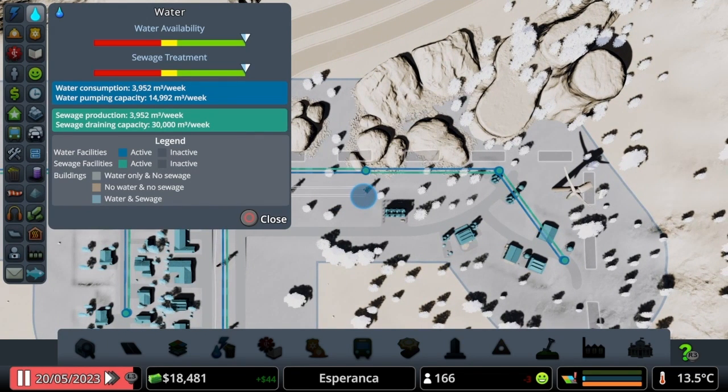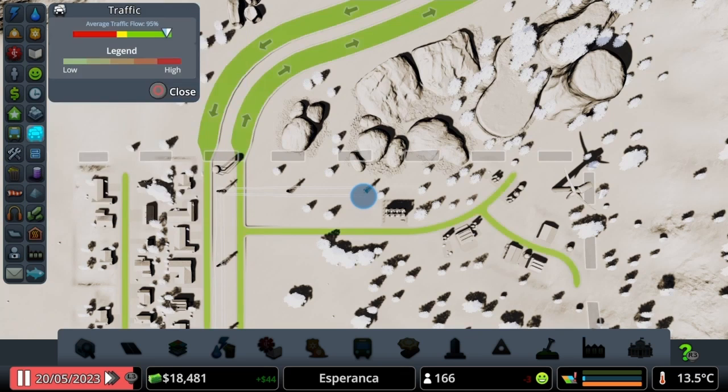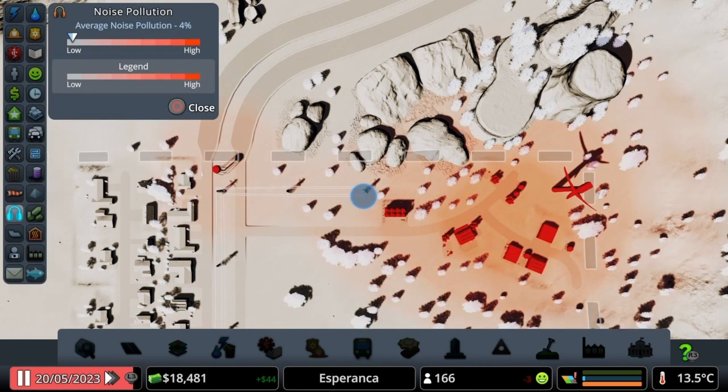Now, going down in the info views, besides natural resources, you will see noise pollution information. Same thing here. 3 power lines of distance is enough.